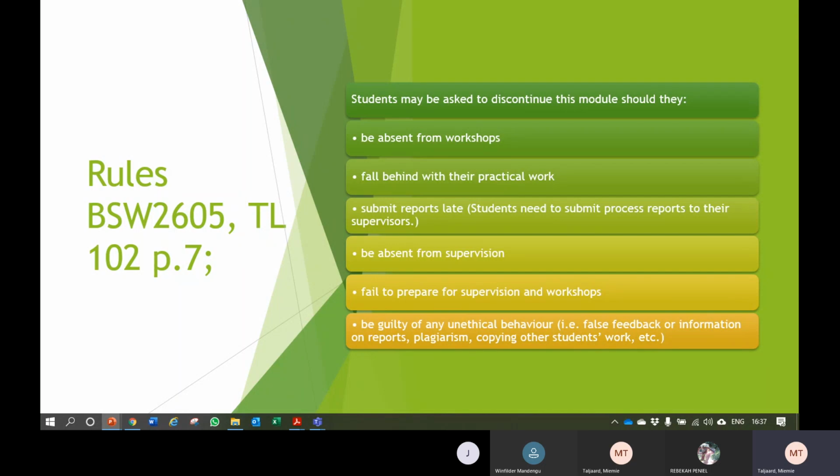If you have any queries about plagiarism, contact me and I'll try my best to help you, because plagiarism is such a serious offense that you might get a final warning, or they might ask you to leave. I don't know whether you've worked with Turnitin, but Turnitin is a big database.